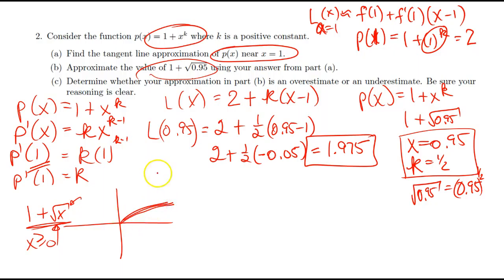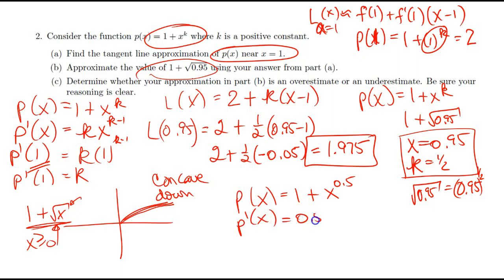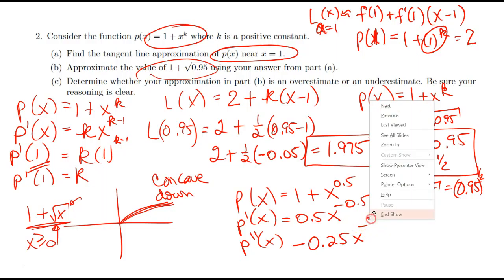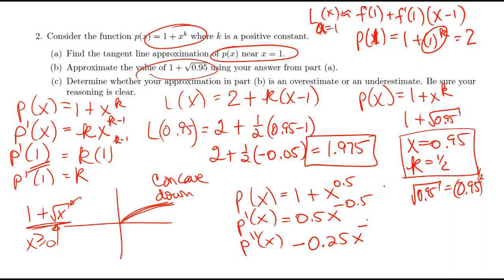So we think it's going to be concave down, and I'll test it another way. What if I go back and say, now that I know p of x looks like this, 1 plus x to the 0.5, I'm going to take the first derivative, which is 0.5x to the minus 0.5, and I'll take the second derivative, minus 0.25x to the minus 1.5, which looks like negative 0.25 over x to the 3/2.